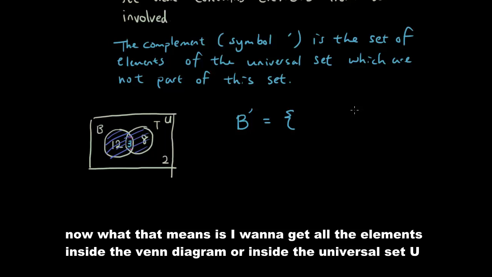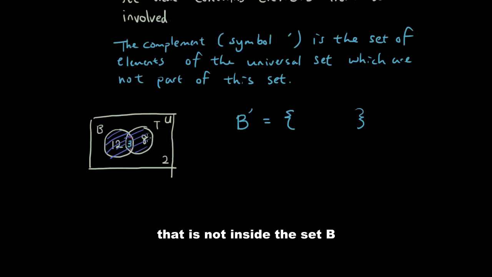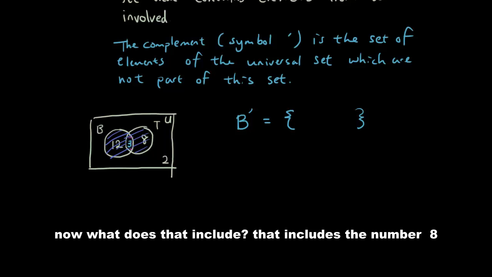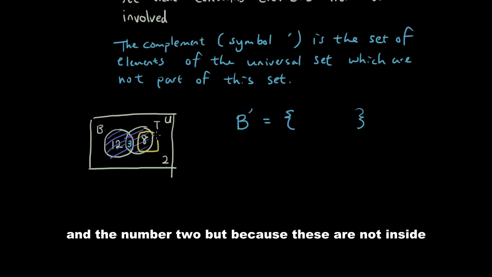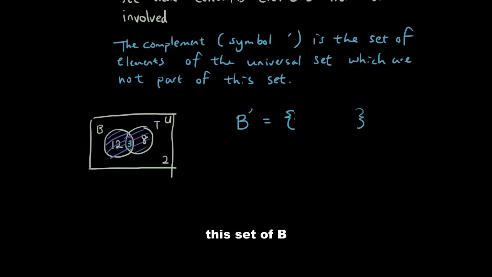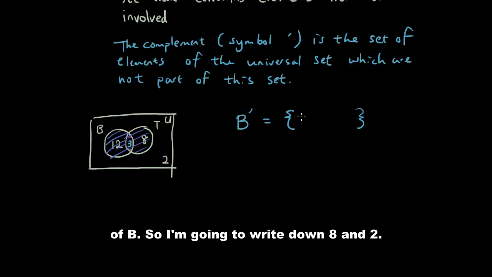Now what that means is I want to get all the elements inside the Venn diagram, or inside the universal set U, that is not inside the set B. Now what does that include? That includes the number 8 and the number 2, right? Because these are not inside this set of B. So I'm going to write down 8 and 2.